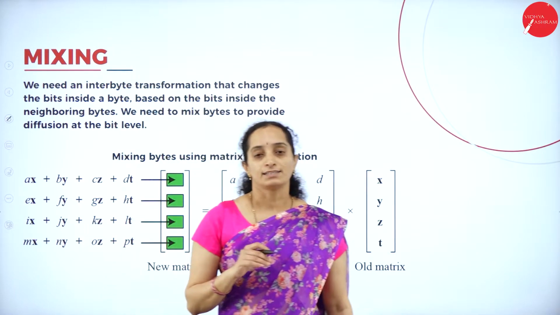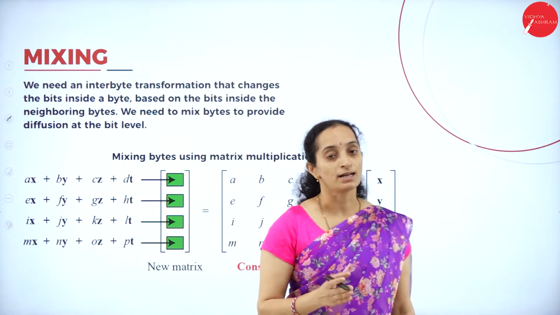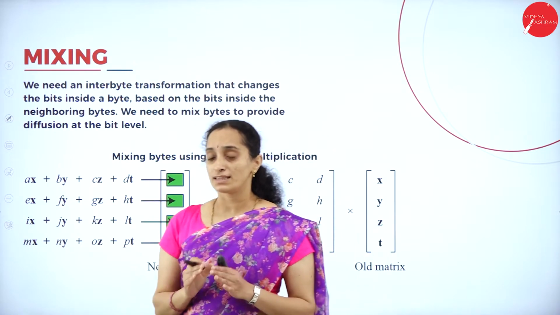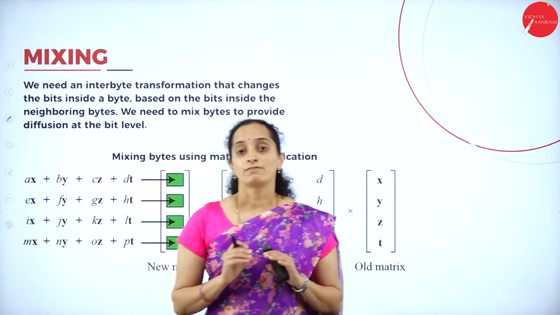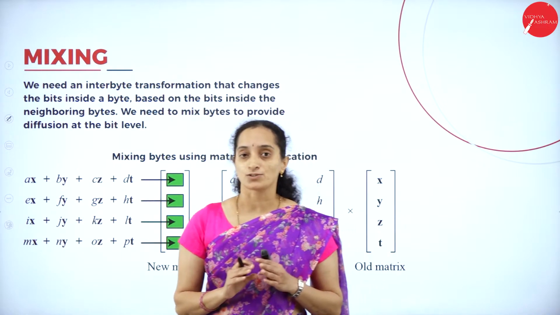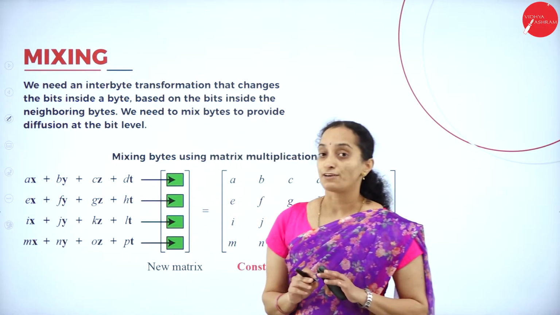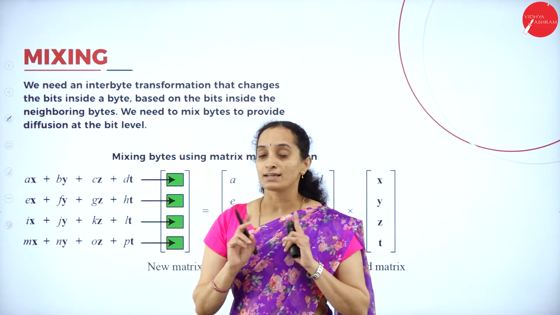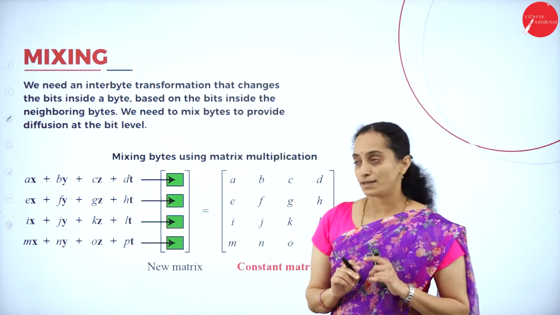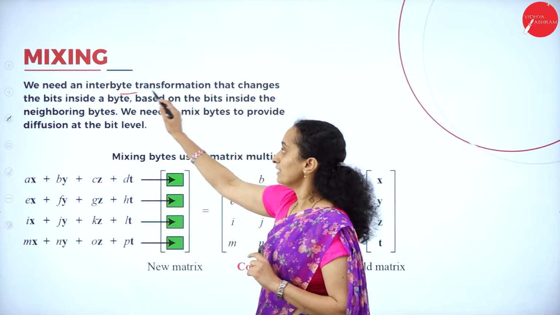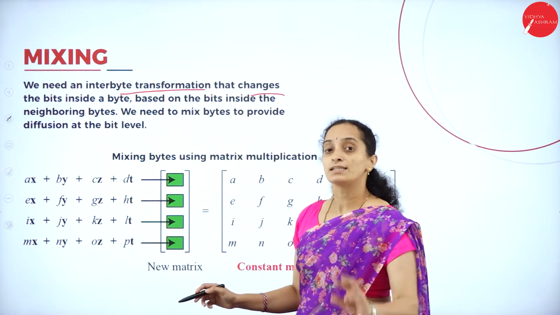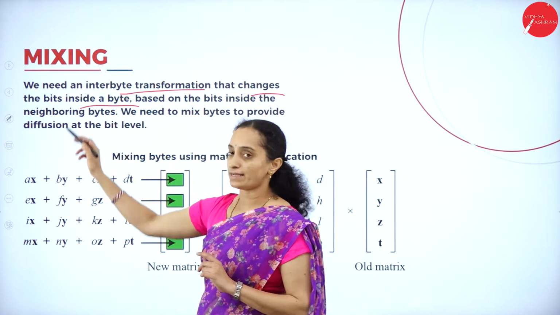Then we have the procedure of mixing. In transformation, substitution and permutation, we permutate and transform the bits within the byte. But it will not make the cipher method stronger. For making the cipher method stronger, we are mixing interbytes which are neighboring to each other. We need an interbyte transformation that changes the bits inside a byte.